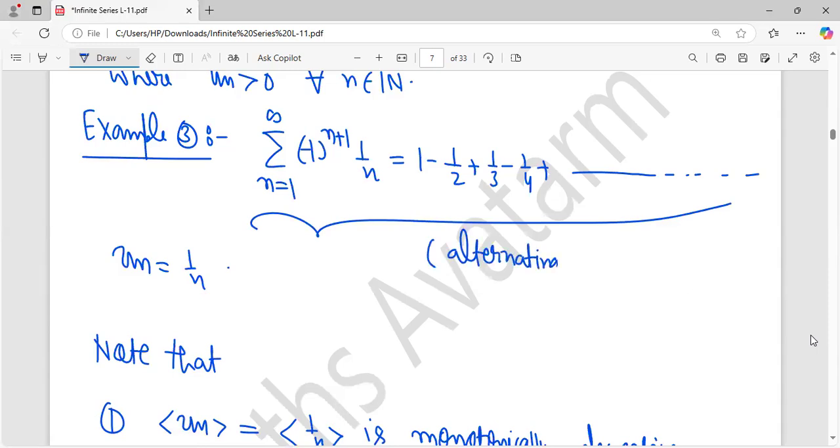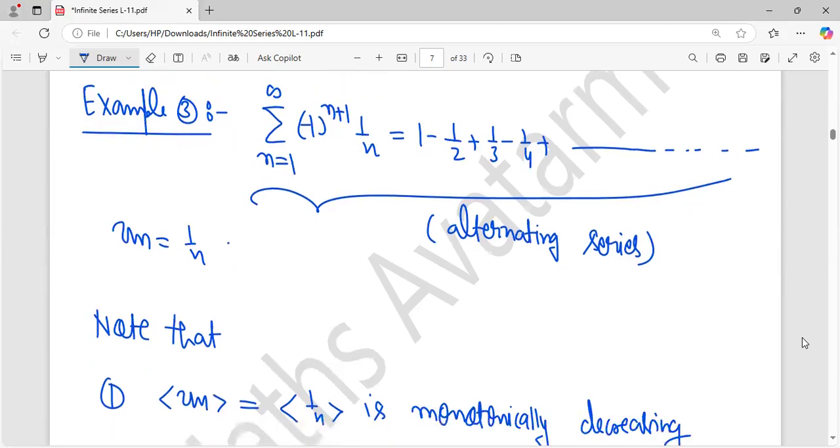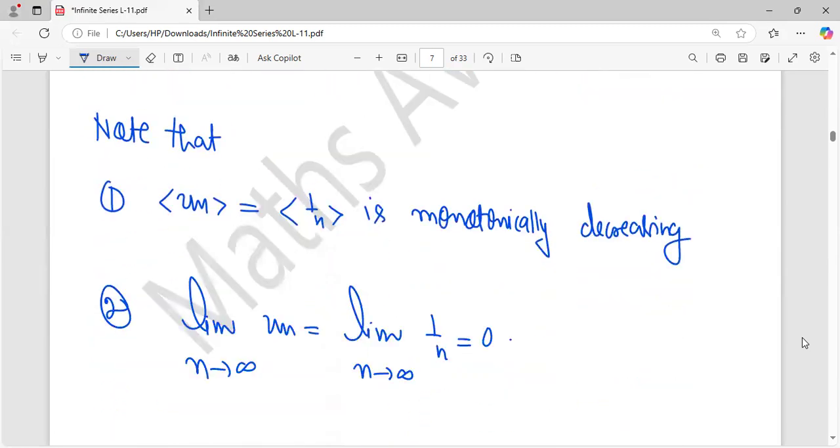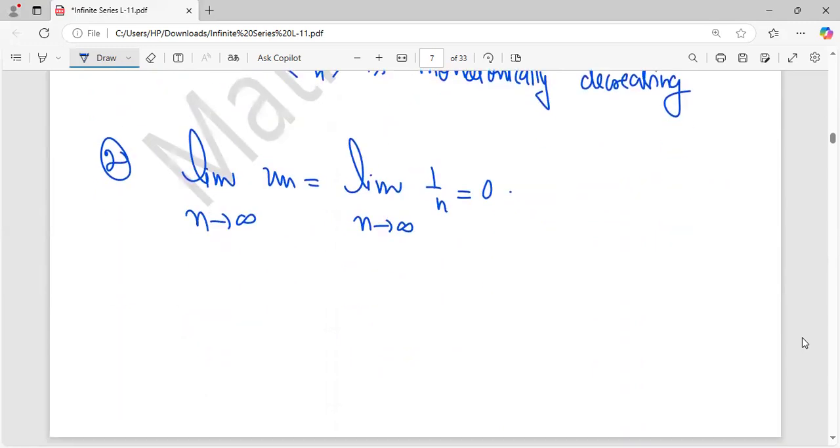This is an alternating series which satisfies all the conditions of the Leibniz test. Because in the Leibniz test, un should be monotonically decreasing. It is happening in my case also. And the limit of un should be 0.